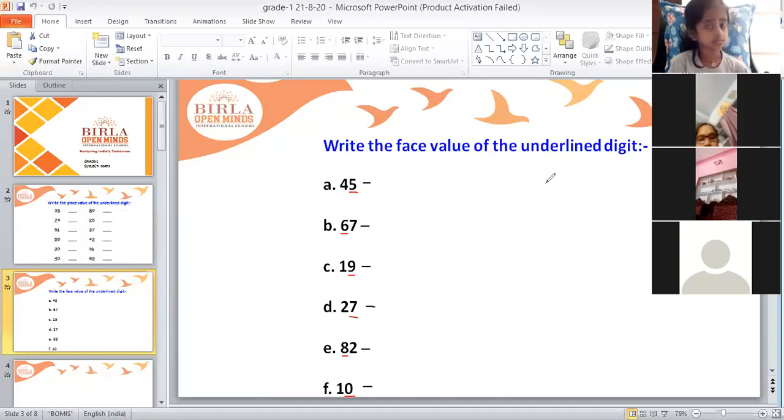So now we have to write the face value. Children, 30 more seconds and then we'll start. I have underlined the digit with red color. Okay. Is there anyone who is still writing?